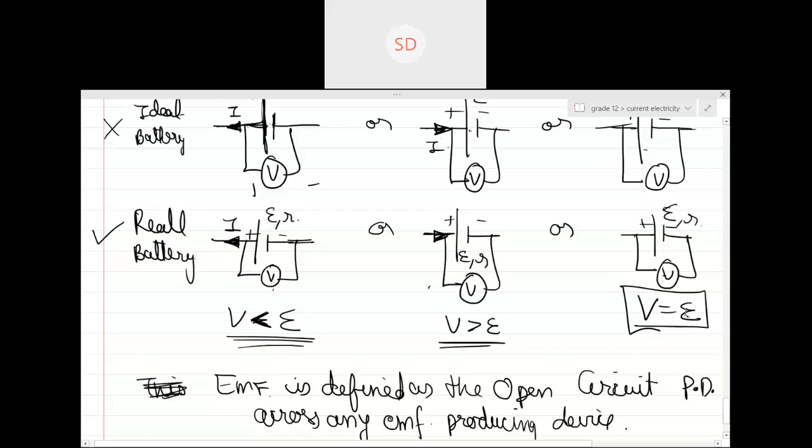Next heading, once you're done with this thing, is the internal resistance of a battery. Done? Everyone done?